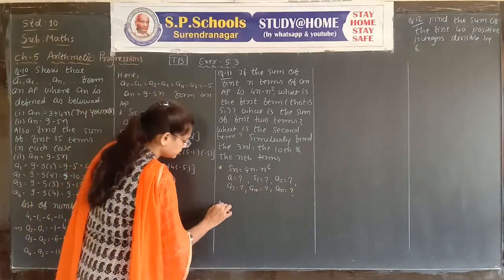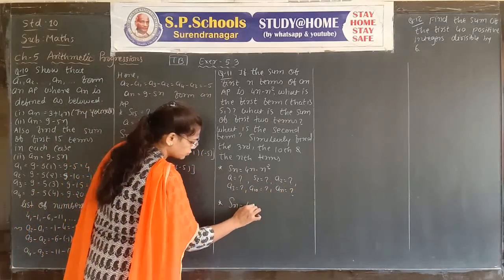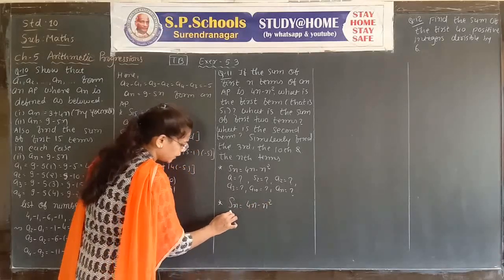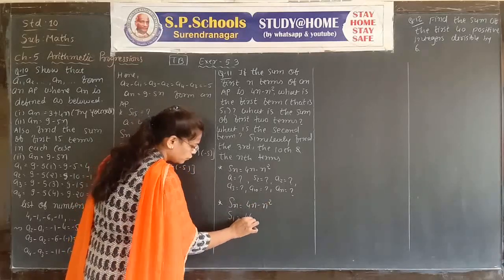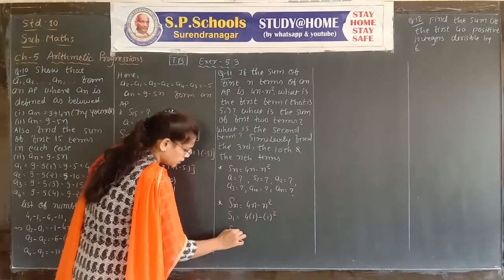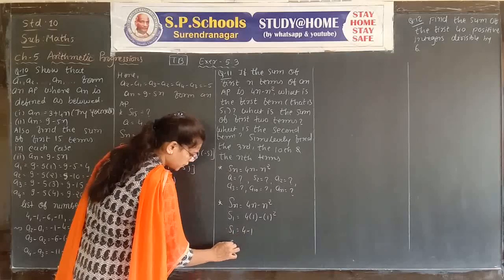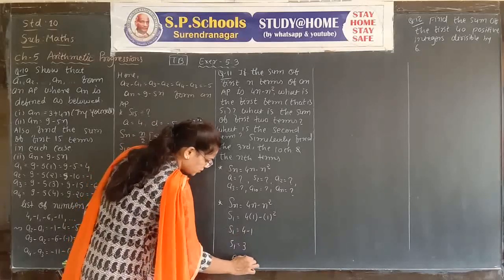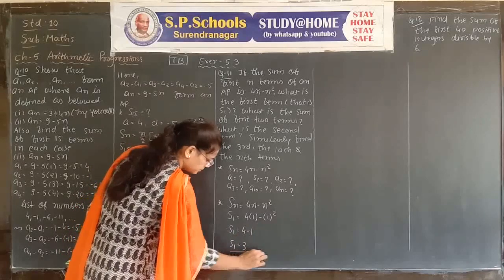Use Sn is equal to 4n minus n square. Instead of n we have to substitute 1. 4 times 1 minus square of 1. S1 is equal to 4 minus 1, that's why S1 is equal to 3. A is equal to S1 is equal to 3.